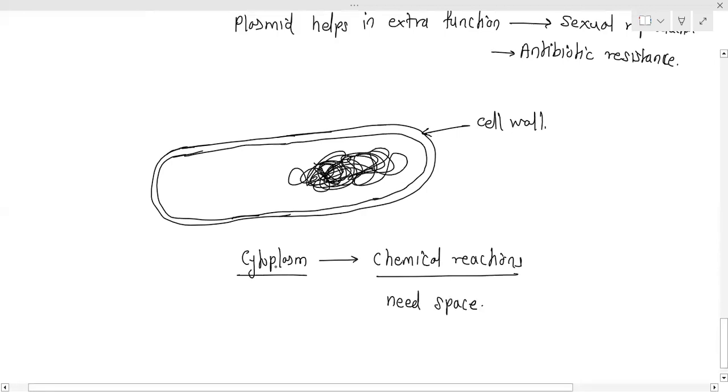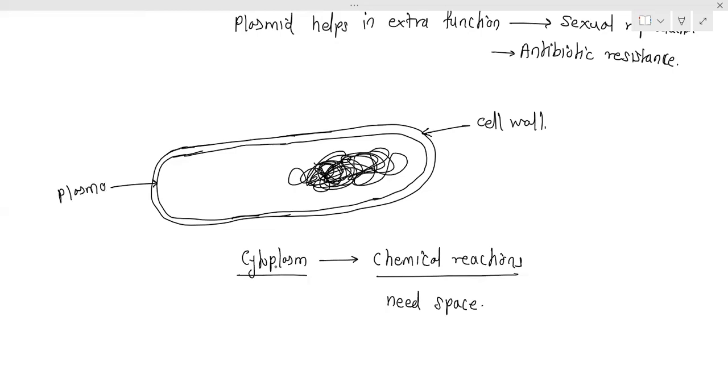So to increase space, what do bacteria do? This is the plasma membrane, that is, the cell membrane. Plasma membrane and cell membrane are one and the same thing.